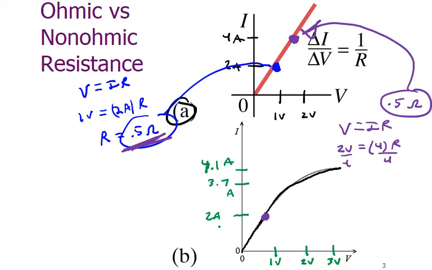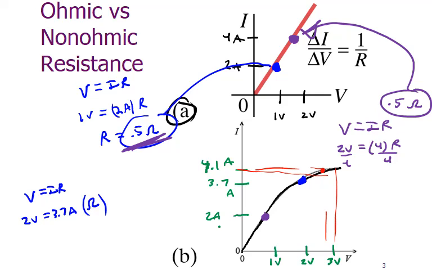But if we did the second spot, V equals IR, we would have 2 volts and 3.7 amps. We would get a different resistance: 2 divided by 3.7 would be a higher resistance. And the third spot, with 3 volts and 4.1 amps, would have an even greater resistance, so let's do that one.